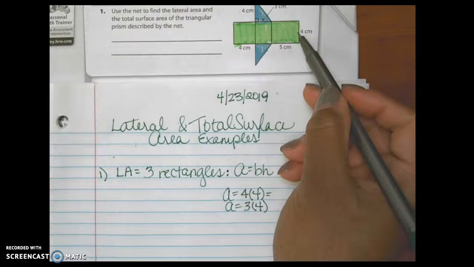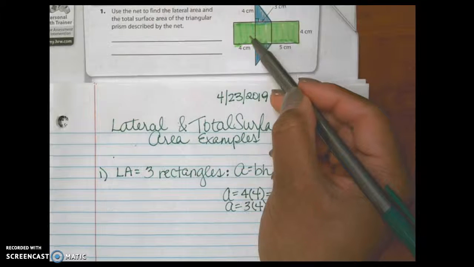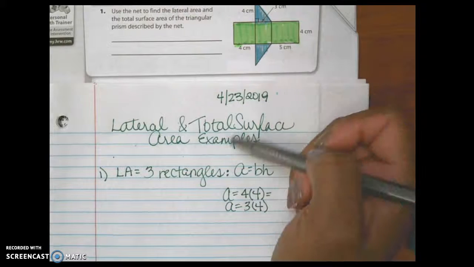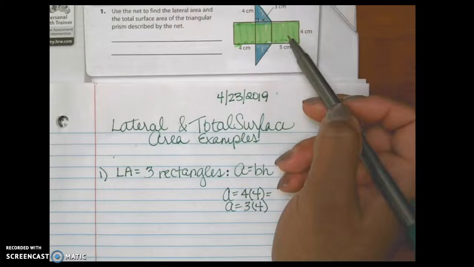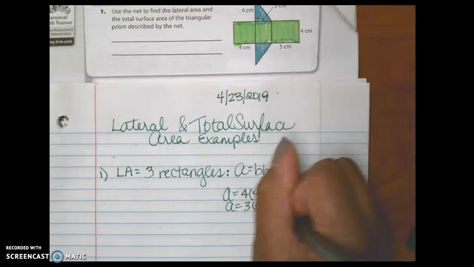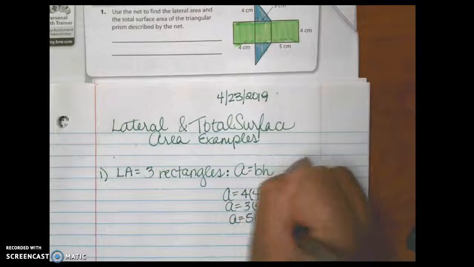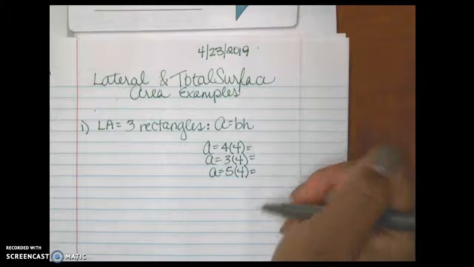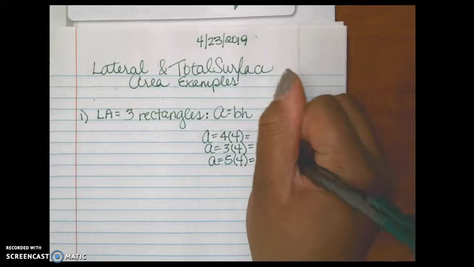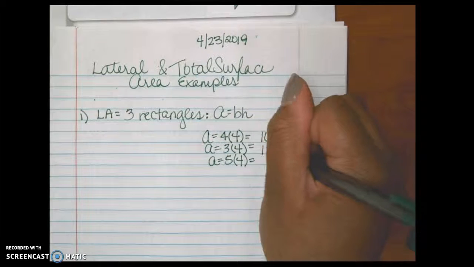Guys, if this side is 4, every single one of my rectangles should have what measurement? 4. So this is 3 by 4. What is this one? 5 by 4. What's 4 by 4? 3 by 4 and 5 by 4.